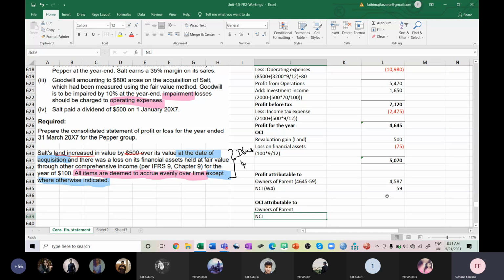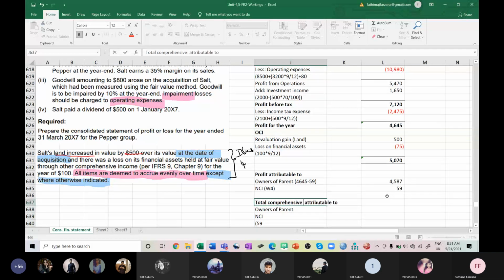Let's see. For NCI, I'll take everything. They have 59 already. So 59 is there in total comprehensive income. I'll better write total comprehensive instead of OCI. Just give me 2-3 minutes, I'll finish.